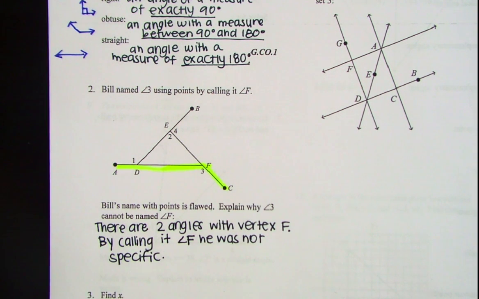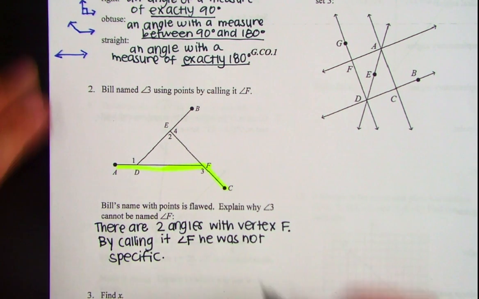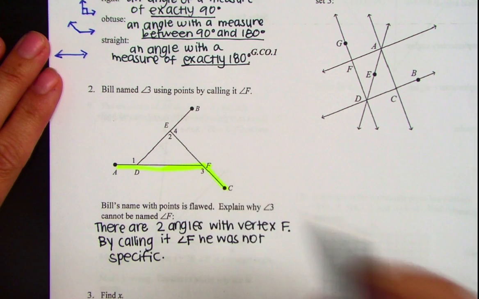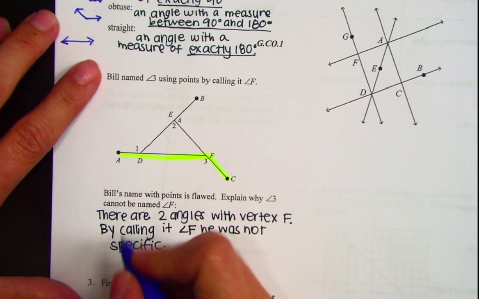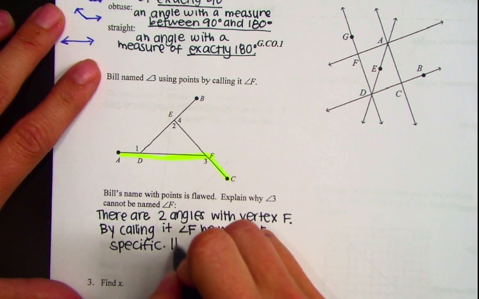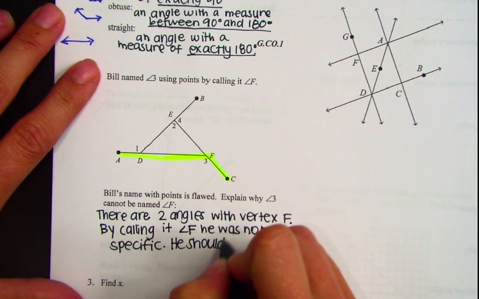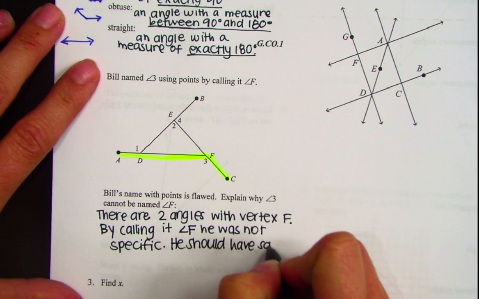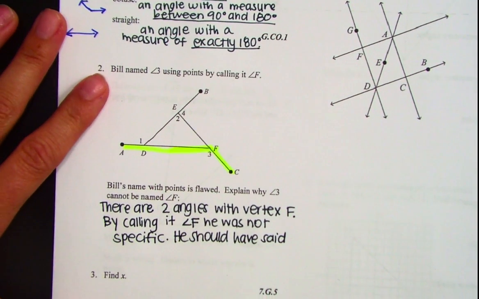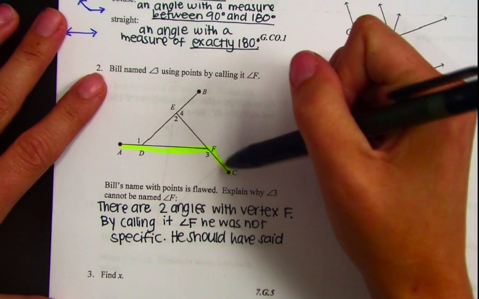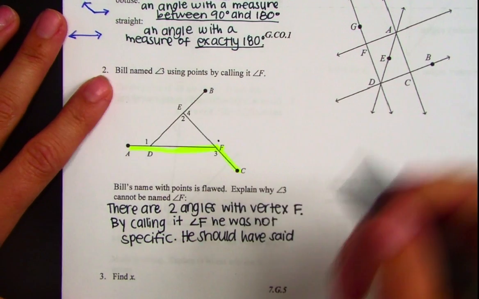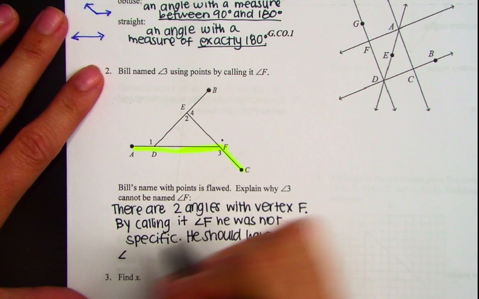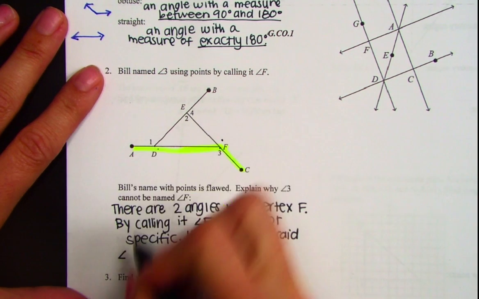So let's talk about what he should have said. So in order to name angle 3 right here, what I highlighted is, we can say he should have said, okay, when we name this angle, we are going to use a point from the side, vertex, a point from the other side. So an example of what he could have said was angle CFD.